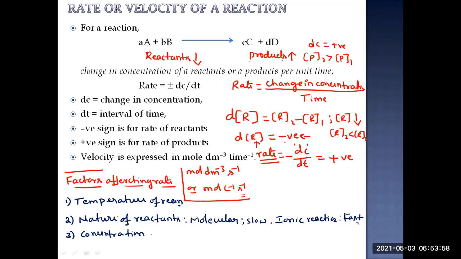Concentration of reactants. It's generally observed that as concentration increases, rate also increases because more concentration means more reactant molecules in unit volume. More reactant molecules will have more collision, more rate of reaction.